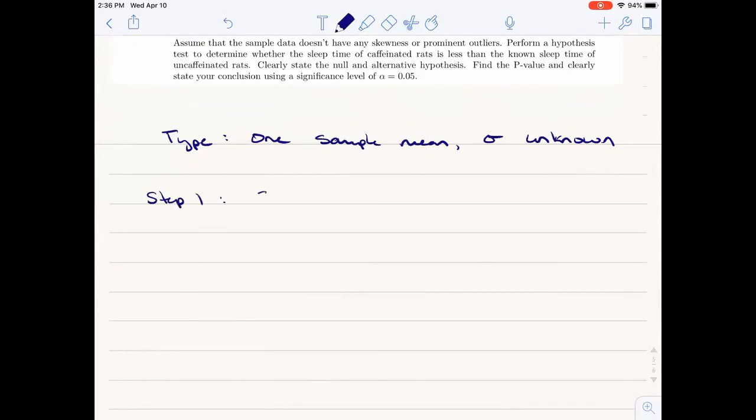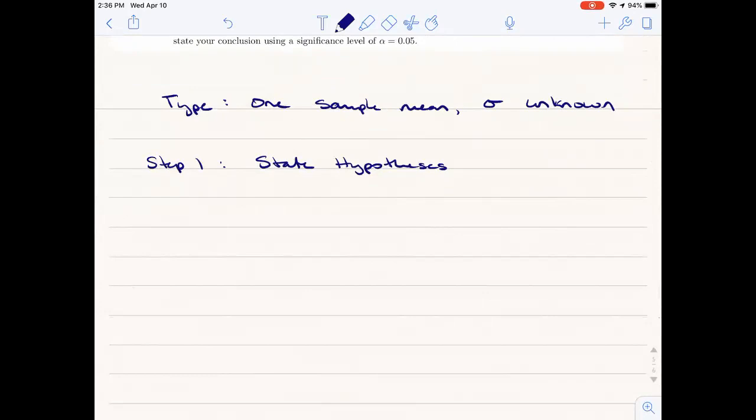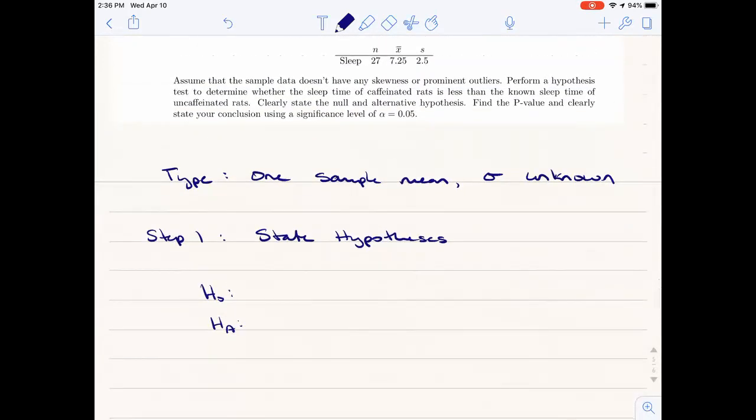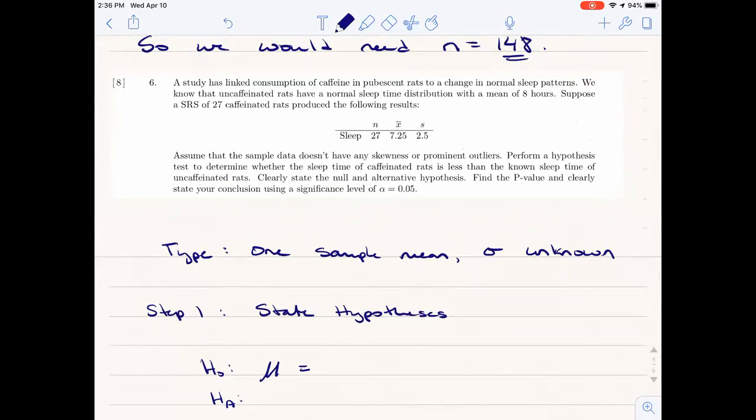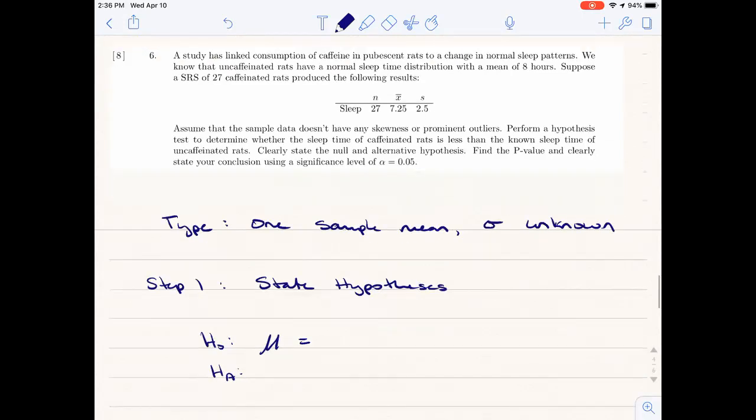Step 1, we have to state the hypotheses. Our null and alternative hypotheses. Our null hypothesis is going to be that mu is equal to 8, right? That's the value that we want to compare our sample mean to.